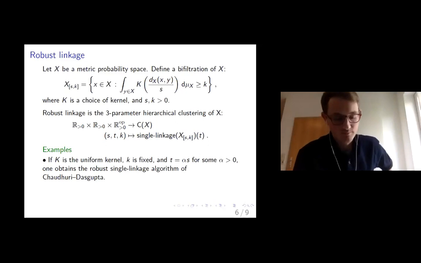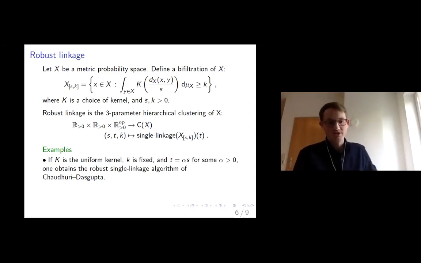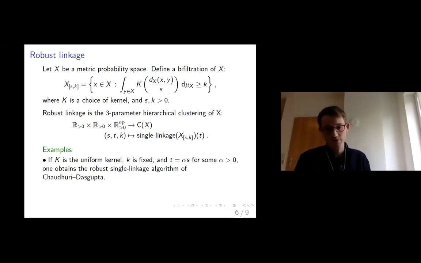And then I said that this would contain some well-known approaches to density-based clusterings. So I'll talk about that now. So again, if K is the uniform kernel and we fix the density parameter lowercase k, and we set T to be some constant multiple of S, then one obtains the robust single linkage algorithm of Chowdhury and Dasgupta.